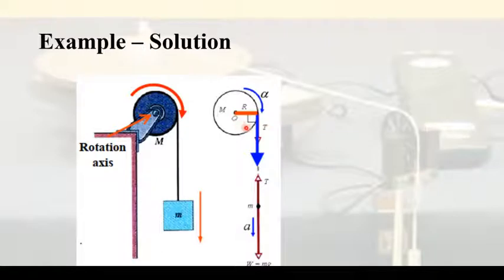You don't put weight in this diagram. Why? Because weight is located at the center of mass, and it doesn't cause the object to rotate. The only force that causes the object to rotate is the tension, and we know it is located at this point. This is the part where the tension causes the object to rotate.